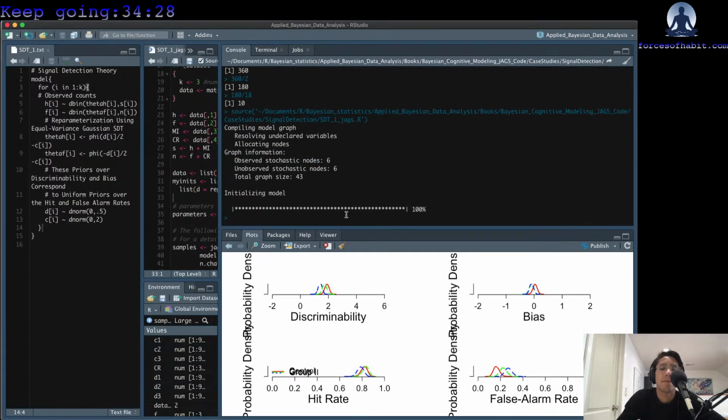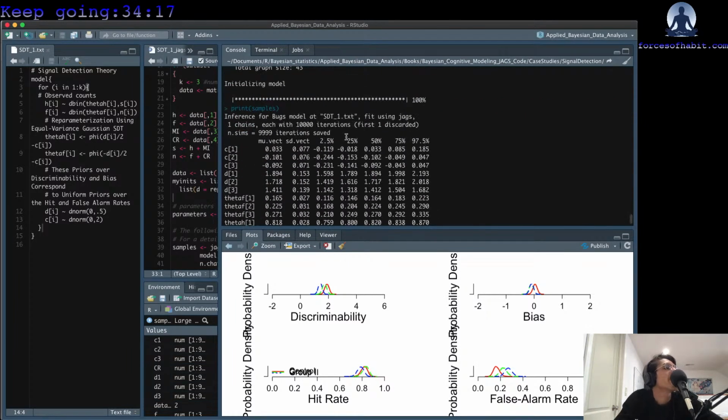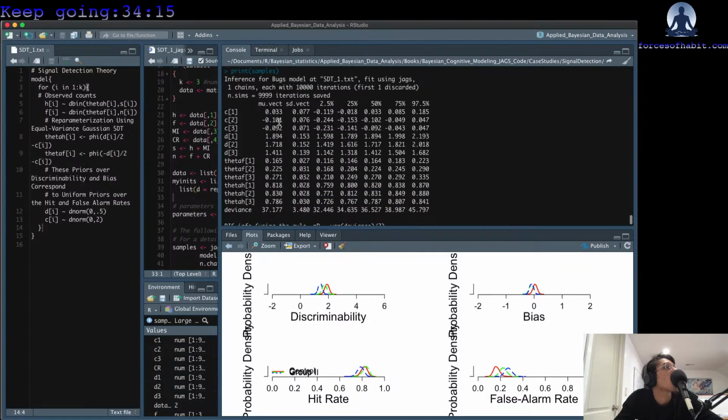Let's look at, right. So the bias looks like it's all over the place. It could be potentially 0 for each of these data sets.